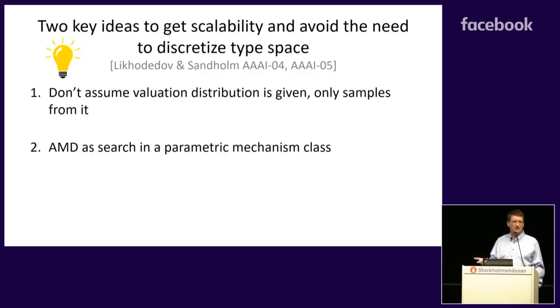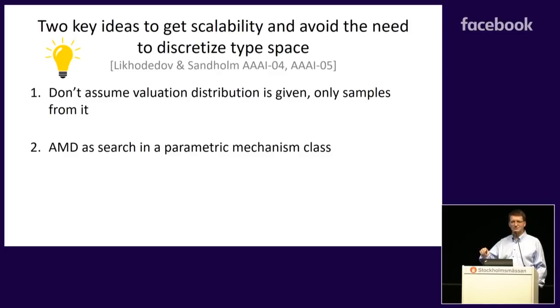And second, instead of trying to design the mechanism from scratch in a table-based representation, maybe let's take some sort of parametric class of mechanisms where each mechanism in the class has good properties, let's say incentive compatibility properties and individual rationality properties, and then let's optimize the parameters so as to try to maximize our objective over that class.